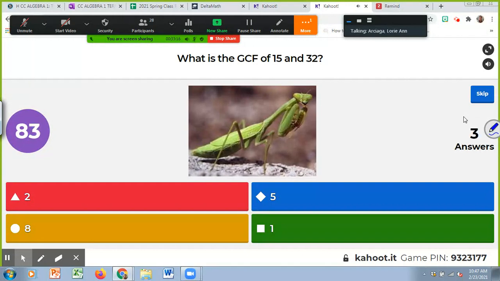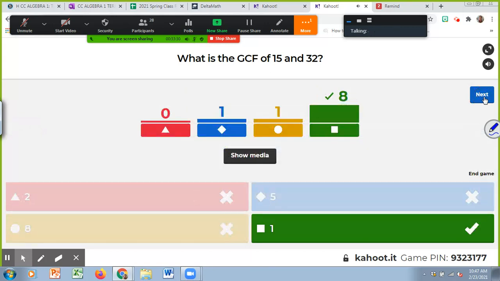Still the lead from Glad Emu. 3, 2, 1. That's great. Yep. No greatest common factor but 1, right? 15 is 5 times 3, and then 32 is what, 8 times 4? So they don't have any common factor but 1. Next.